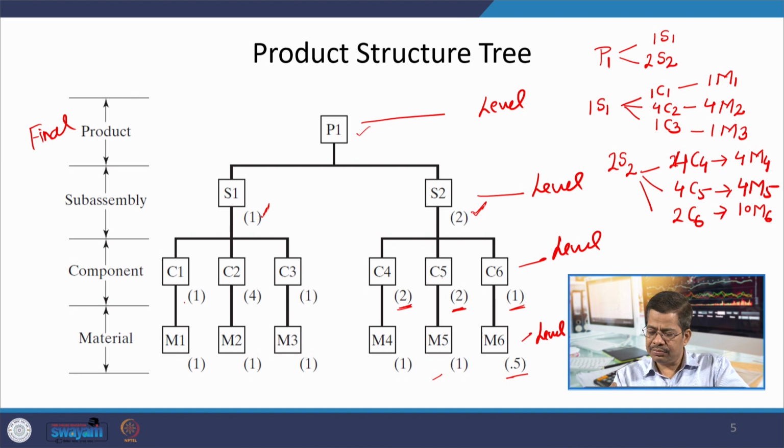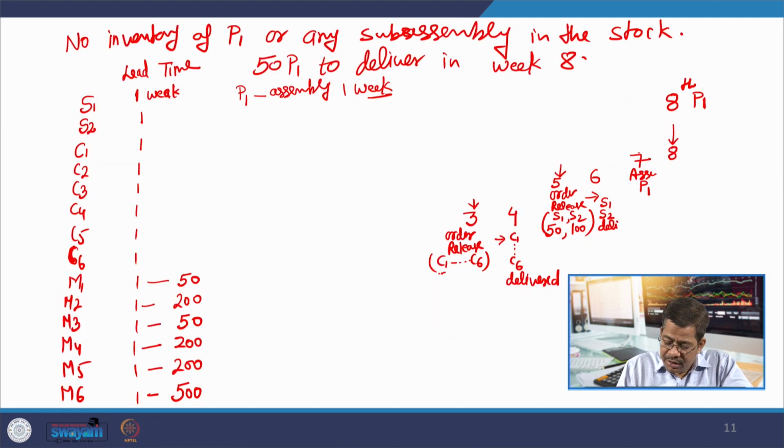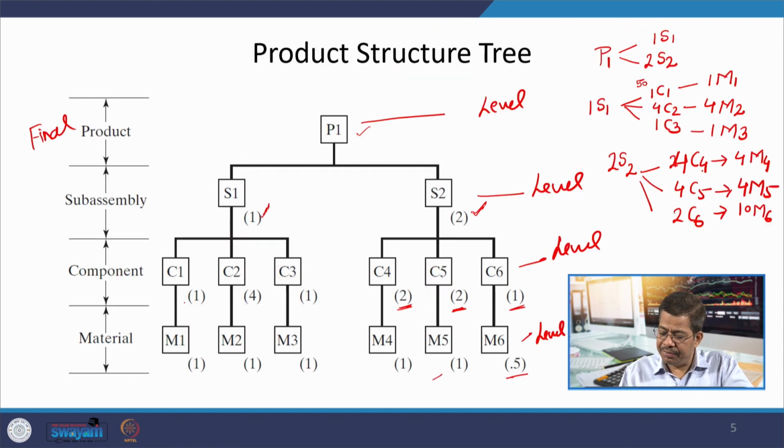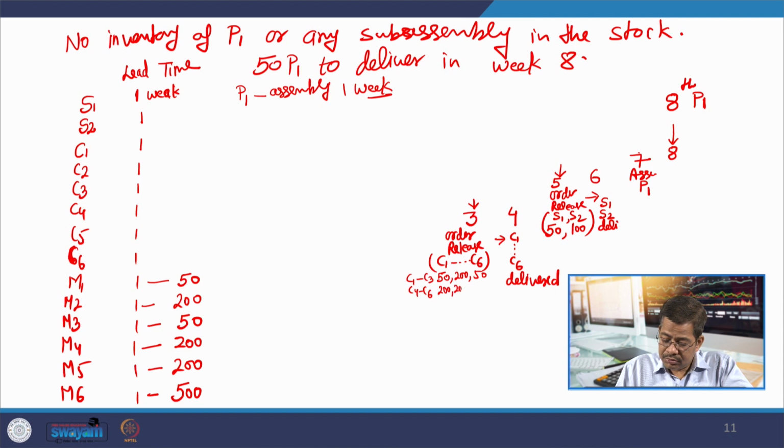You have 50 C1, 200 C2, 50 C3, and C4 to C6 will also come 200, 200 and 100. So, these numbers of C1 to C6 you have to release in the 3rd week.